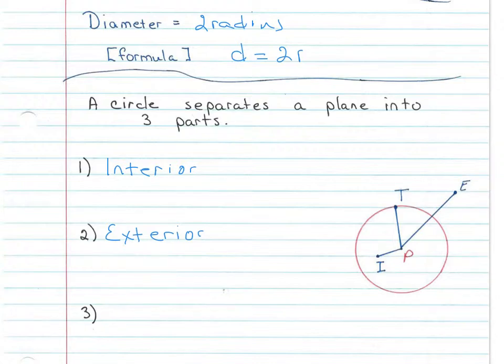E is exterior to circle P. And then we have the circle itself. So the circle separates a plane into 3 parts. You can have the circle itself. We have T that's on the circle itself. We can have points that are exterior to the circle, and then points interior to the circle. So those are the 3 parts of the plane that a circle can separate into.